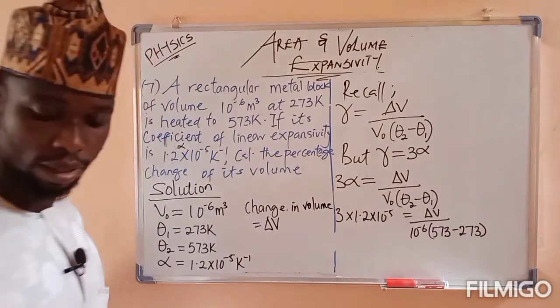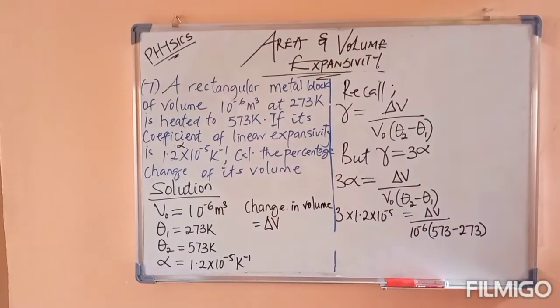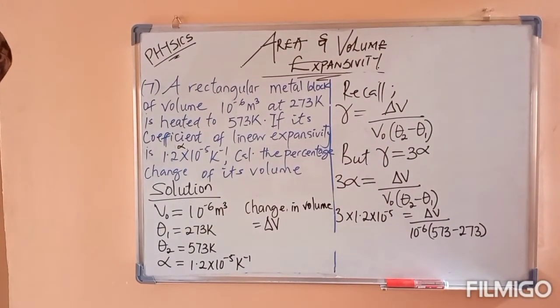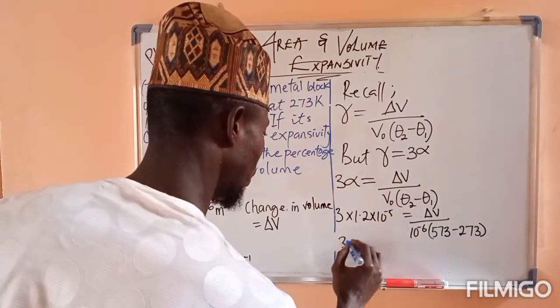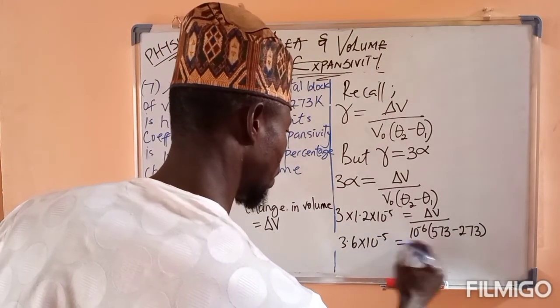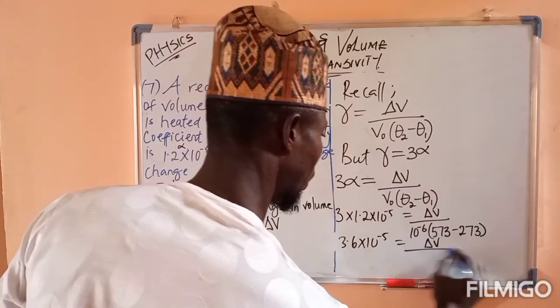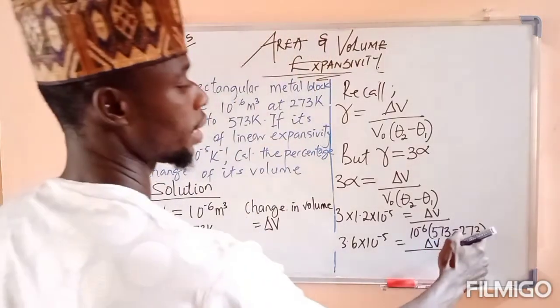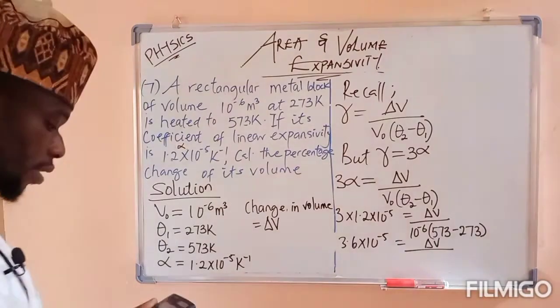Yes. Then by the time I multiply this, I have 3.6 times 10 raised to power minus 5 is equal to change in volume all over 573 minus 273, that is 300.